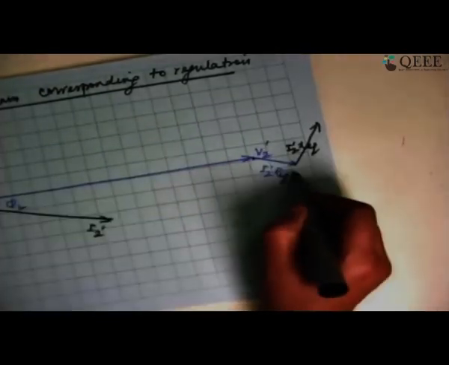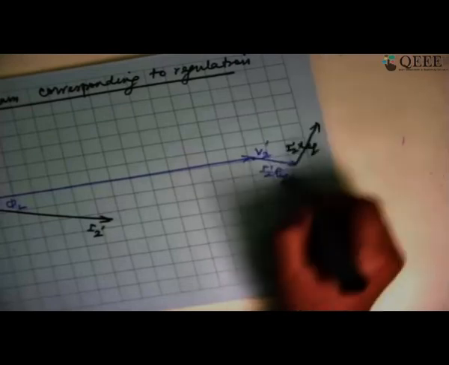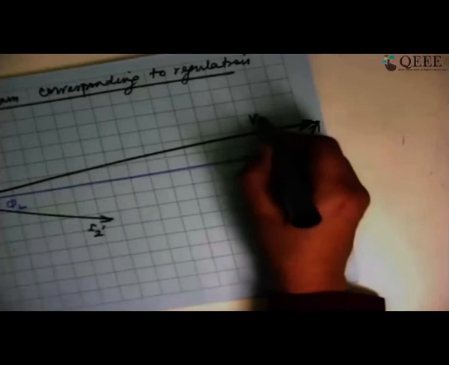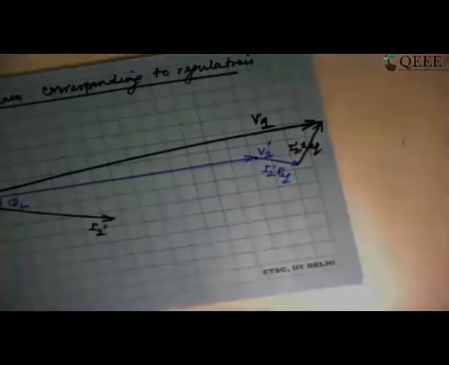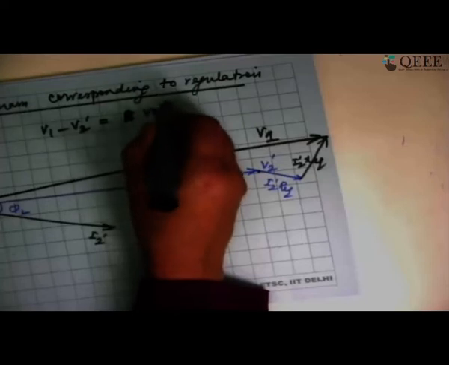Now, when I add V2' plus I2' R equivalent plus j I2' X equivalent, what I get is V1. This is what is V1. Now, V1 minus V2' is regulation or voltage drop.